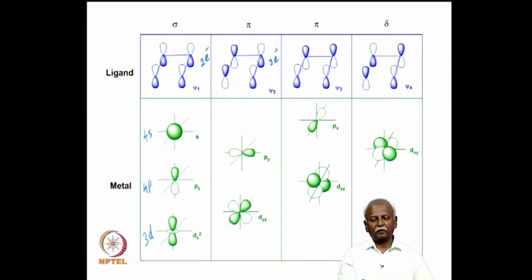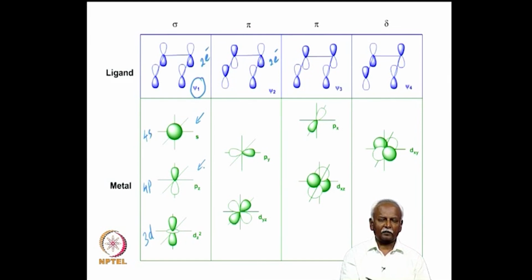This combination of s, p and dz squared has to be empty in order to interact favorably with the filled psi 1 orbital. So, this is the filled orbital, and the metal orbital has to be an empty one in order to form a favorable combination. Invariably it is going to be the 4s and the 4p which are most suitable if you have a late transition metal.